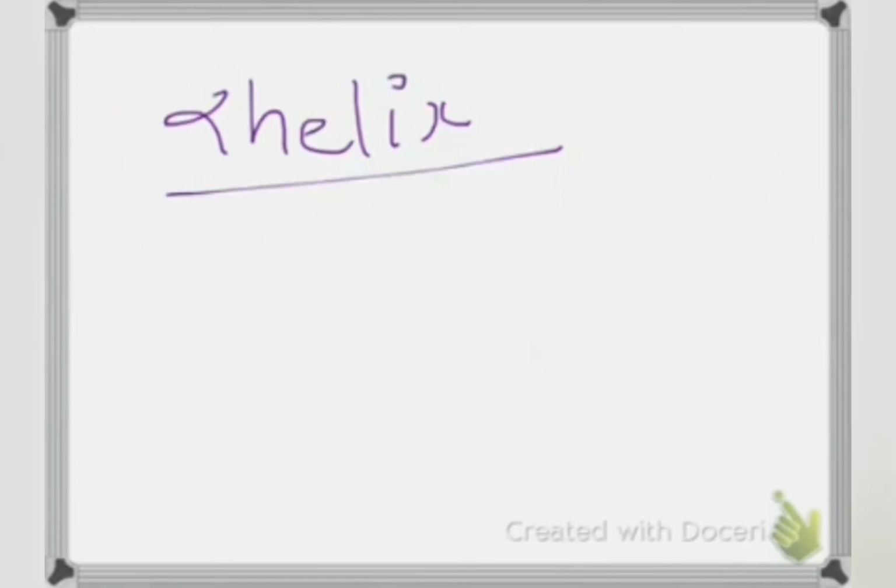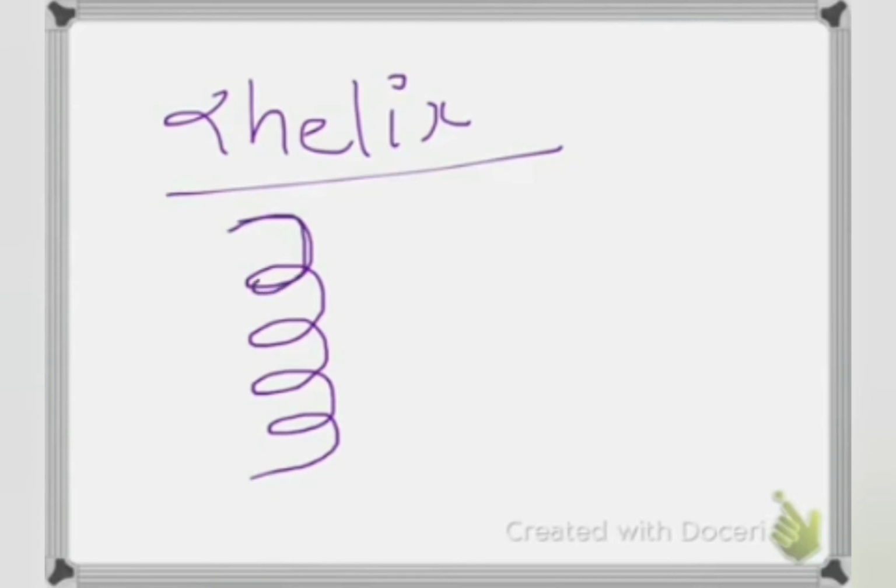Now coming to the alpha helix. The alpha helix is formed by the folding of the linear amino acid chain, or linear peptide chain, into a helical structure like this. It is right-handed.